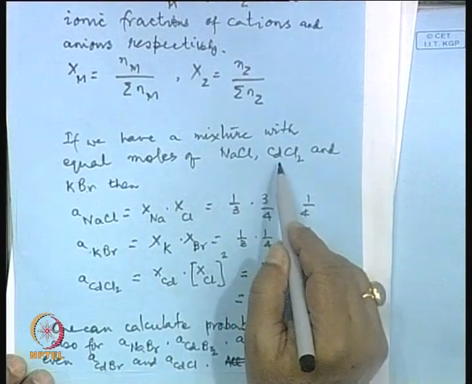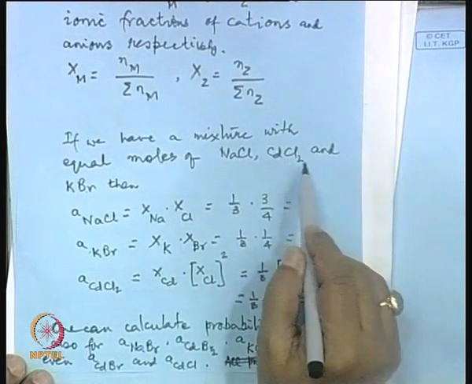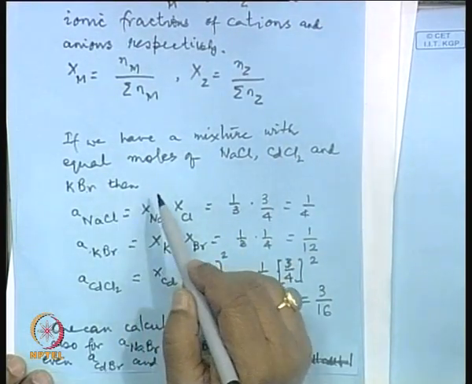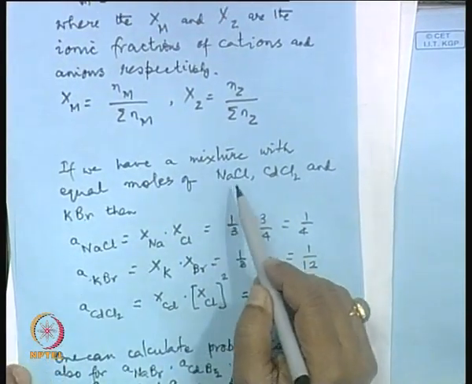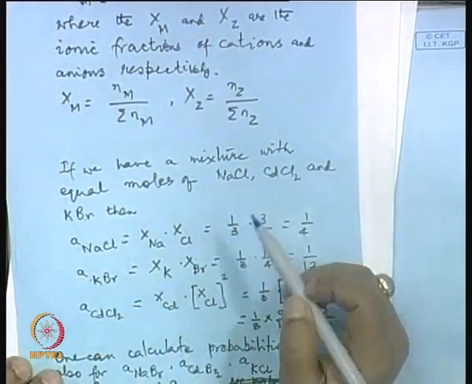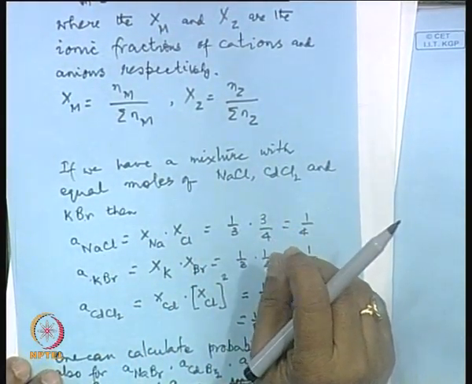Now, in a fused mixture, remember that which you have prepared by mixing sodium chloride, cadmium chloride and potassium bromide, the identities of these individual components have disappeared, because there is no sodium chloride there, there is no cadmium chloride there, there is no potassium bromide there.